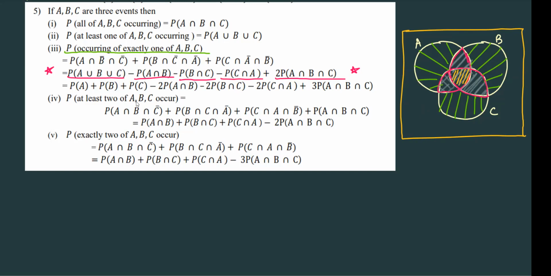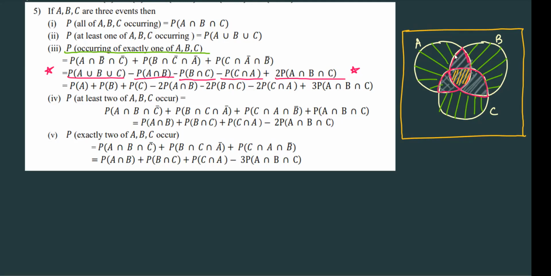So when you say at least two of A, B, C should occur, it means this whole region bounded by red color. So it is A intersection B but not C, plus B intersection C but not A, plus C intersection A but not B, plus A intersection B intersection C.